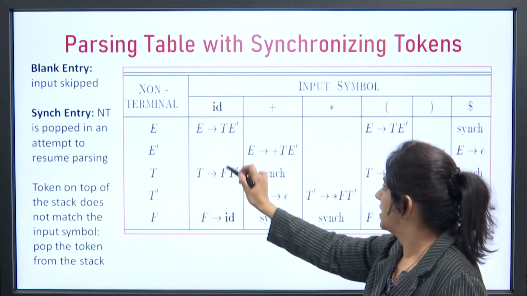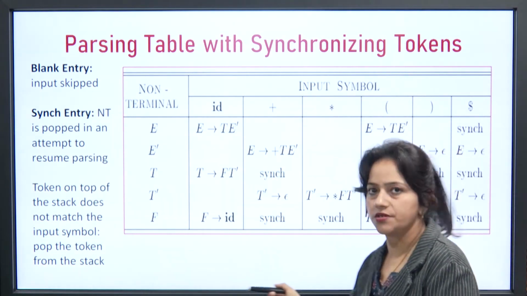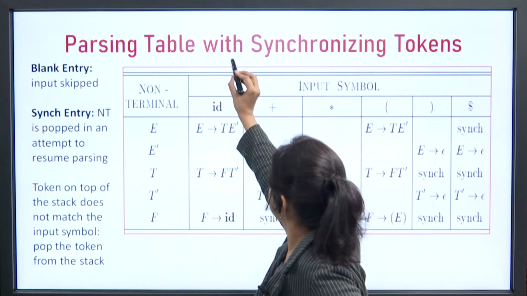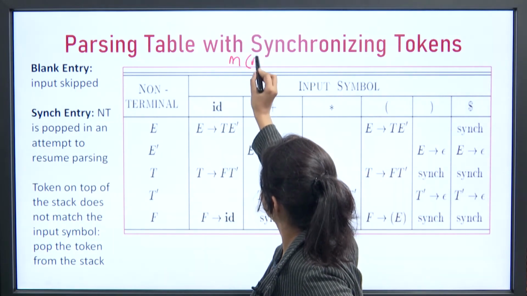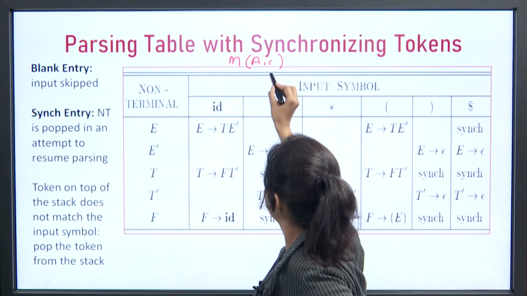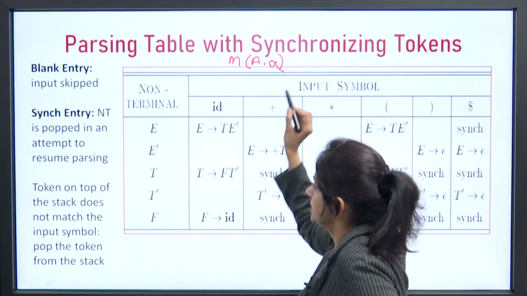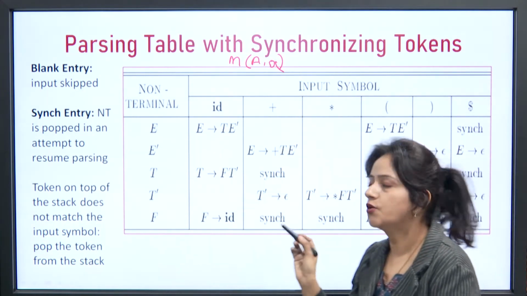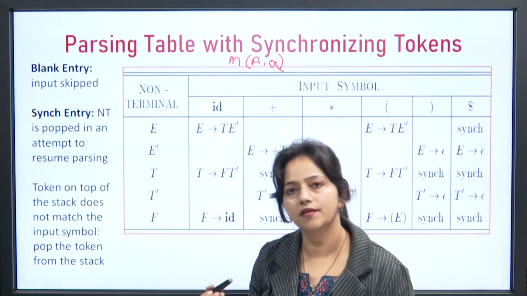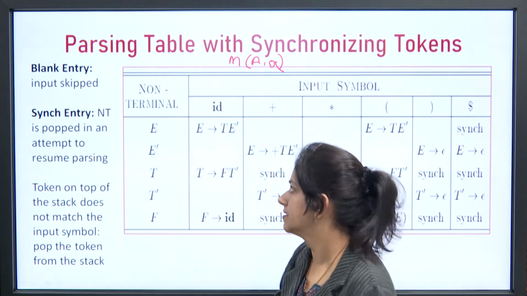Here we have the production to be used. This is table M with respect to capital A and small a. Some of the entries are blank and some have synchronizing entries that have been created based on the heuristic that we discussed.